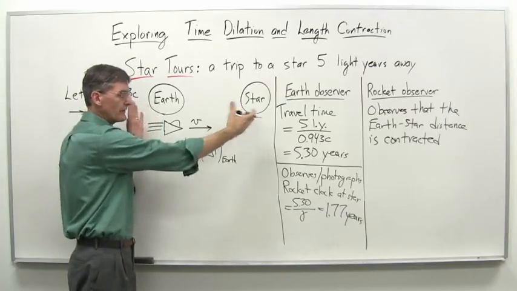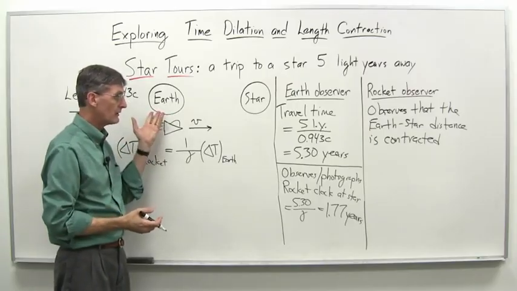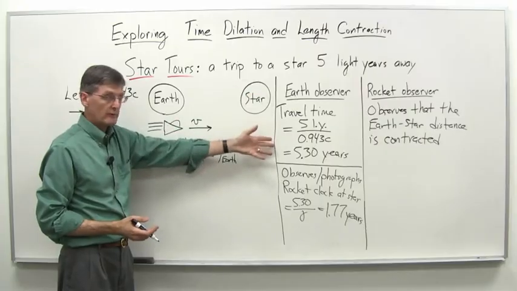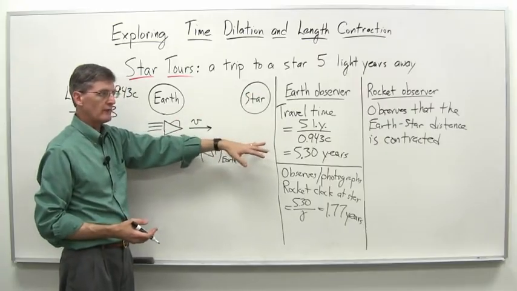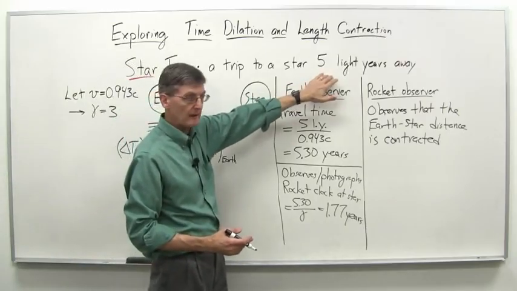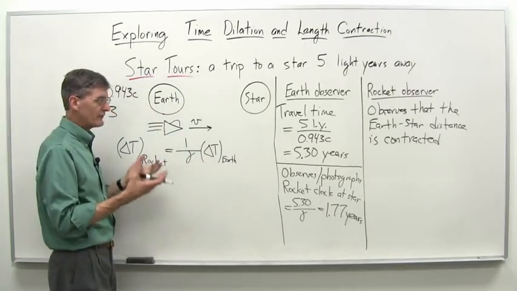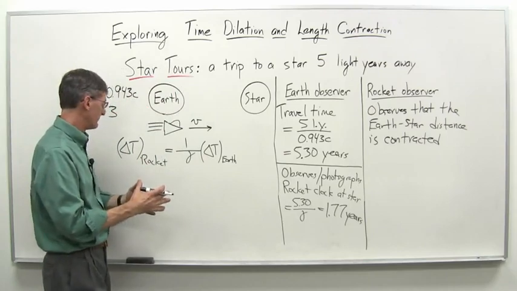In other words, the length is shorter when it's moving. And so the proper length here in the Earth-star frame of reference between the Earth and star is not 5.3, it's 5 light years. Up here, 5 light years. To Bob, however, the rocket observer, it's 5 light years divided by gamma.